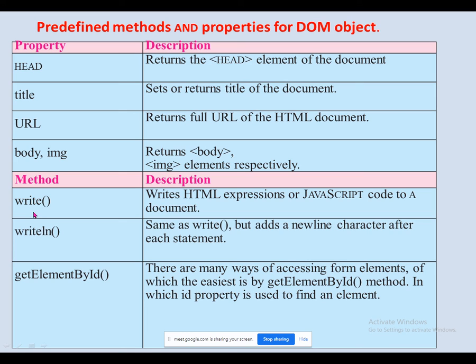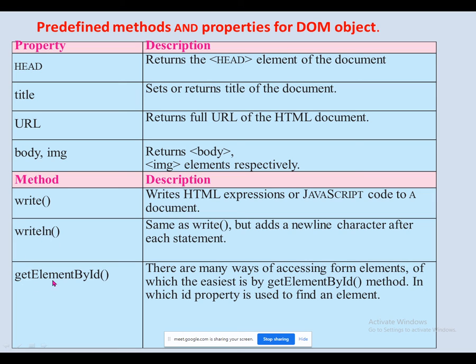For example, document dot write, just like you write, that is the meaning of this. Writeln is the same as write but adds a new line character after each statement. So writeln means, if you don't want to add your break, then directly instead of write you can use this function.